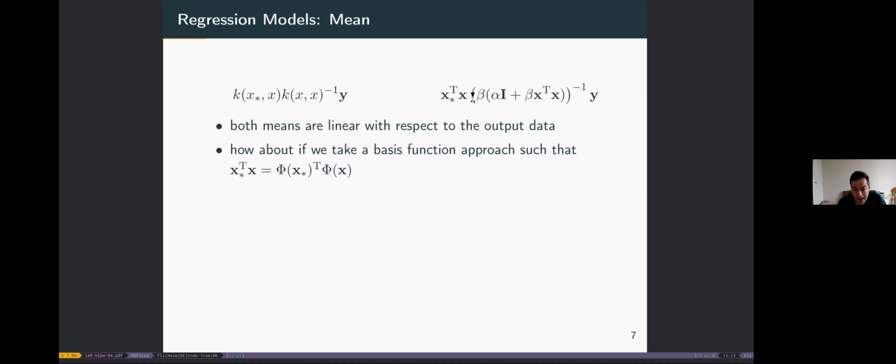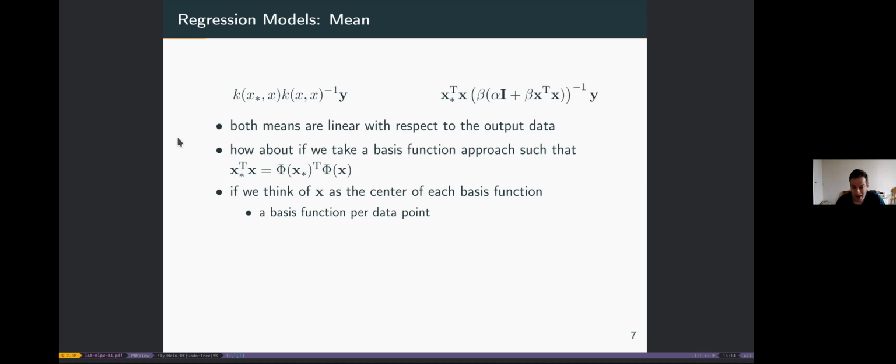So let's now say that we take this linear formulation here, the thing that came from the linear regression, and then we say, let's do the basis function interpretation instead. That means that this product here is that we first map this data using some basis function and take the inner product there. Now if you think of x as the center of each basis function, that means you have a basis function per data point, effectively.